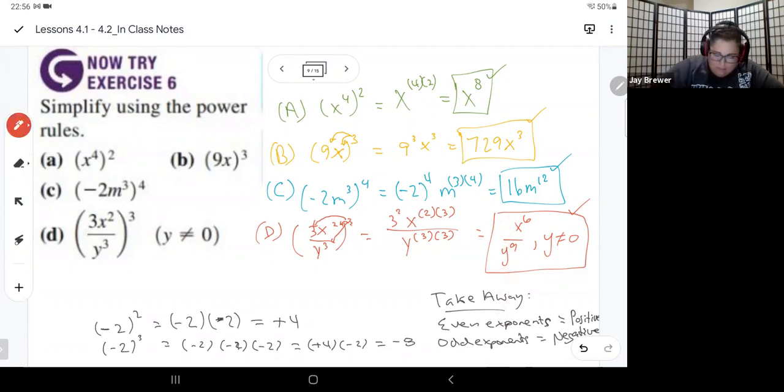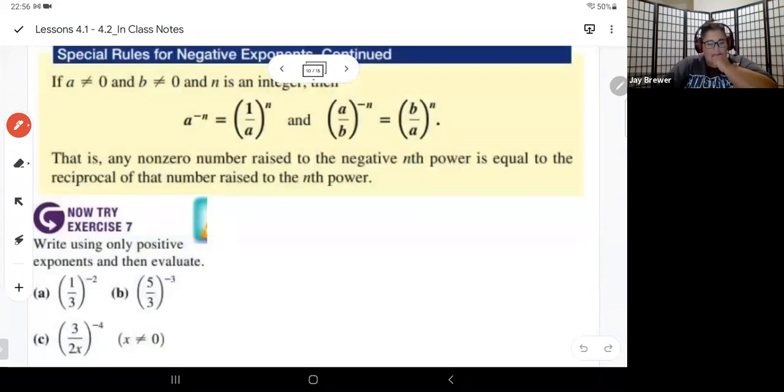I did 3 squared because I wrote a little bad here. That's just cubed there, so that would be 27.